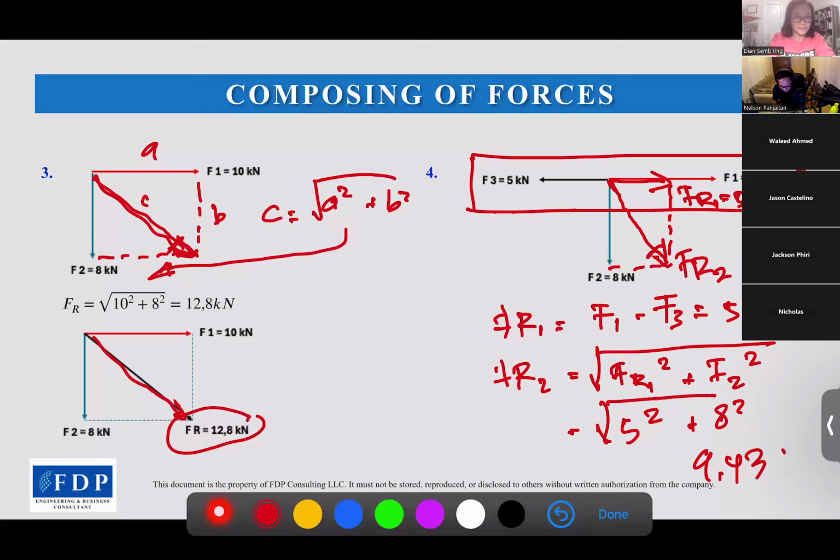Is there any question from this? Any question? I think it's 6.2 kilonewtons. It's supposed to be 6.2 kilonewton. 5 square plus x square.